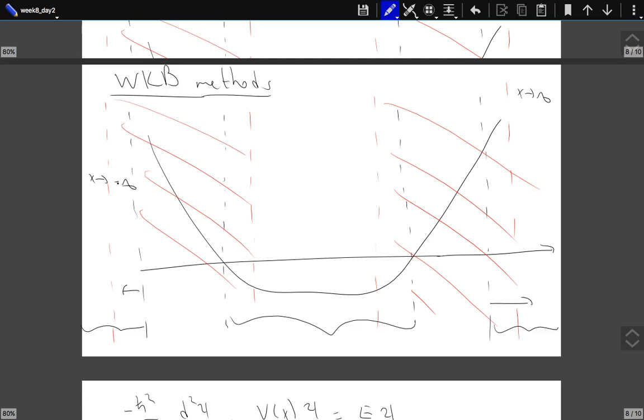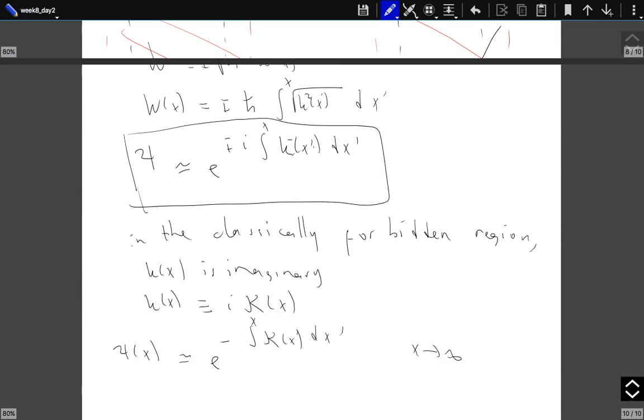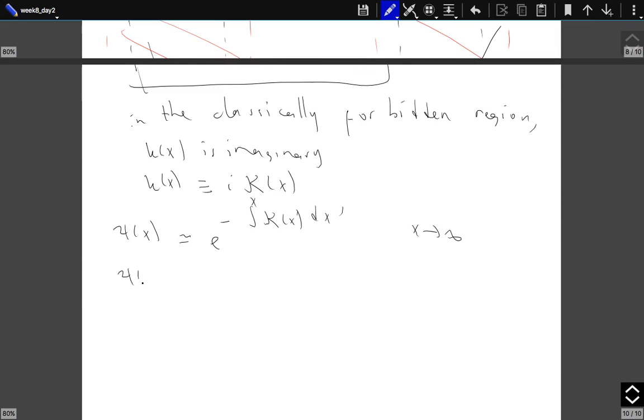So that is why we have this exponentially decaying solution, and psi of x will be equal to e to the power plus integral of kappa of x prime for x goes to minus infinity. This is again the exponentially decaying solution as x goes to minus infinity. So we already have some approximate solutions in various regions.